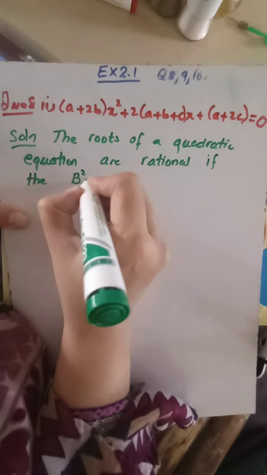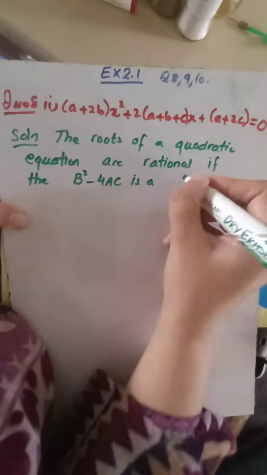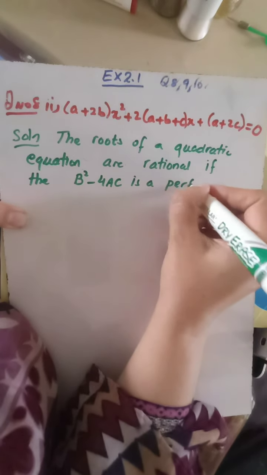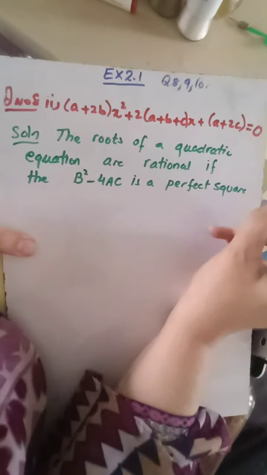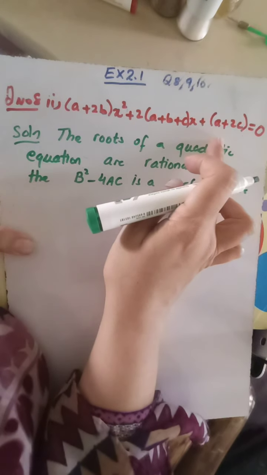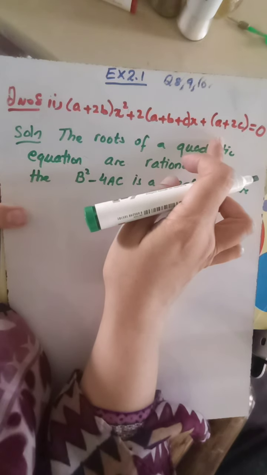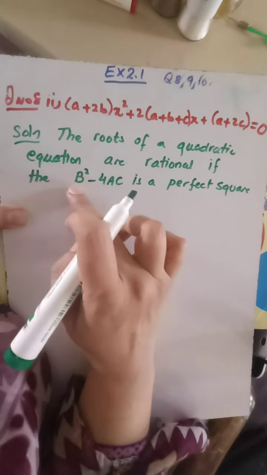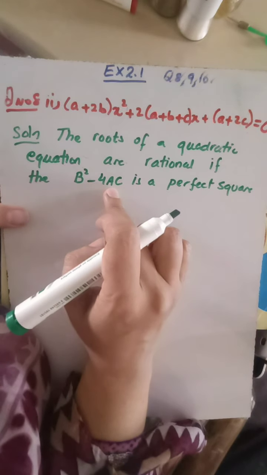If B square minus 4AC, which is called the discriminant, is a perfect square. Okay, so they want us to prove that the roots of this equation are rational, and we know that roots are rational if and only if B square minus 4AC is a perfect square. So we have to prove that B square minus 4AC is a perfect square.